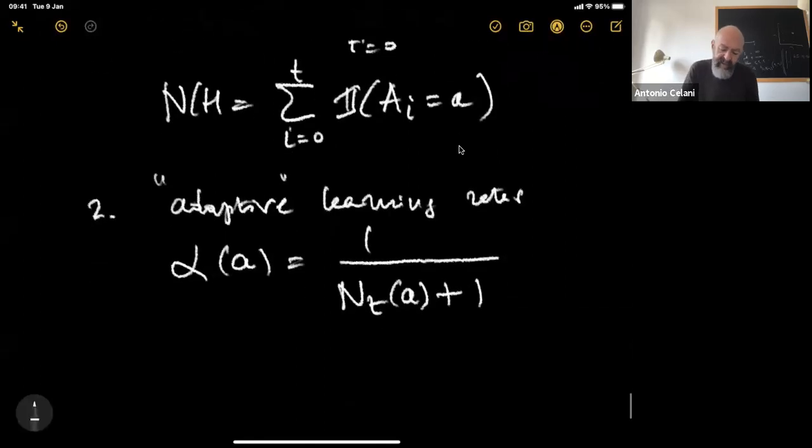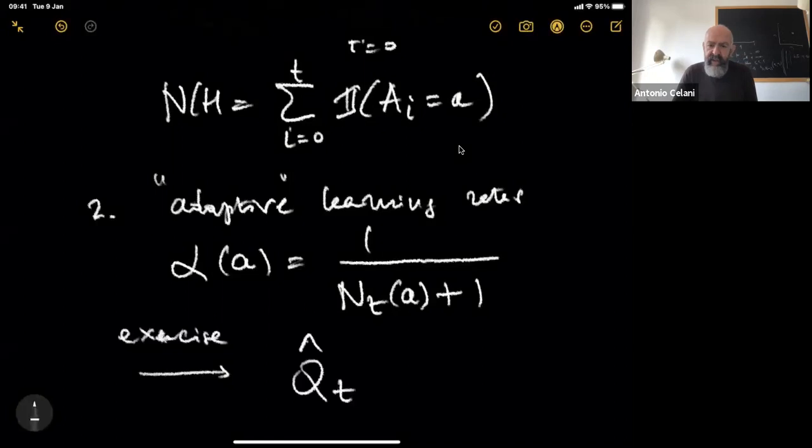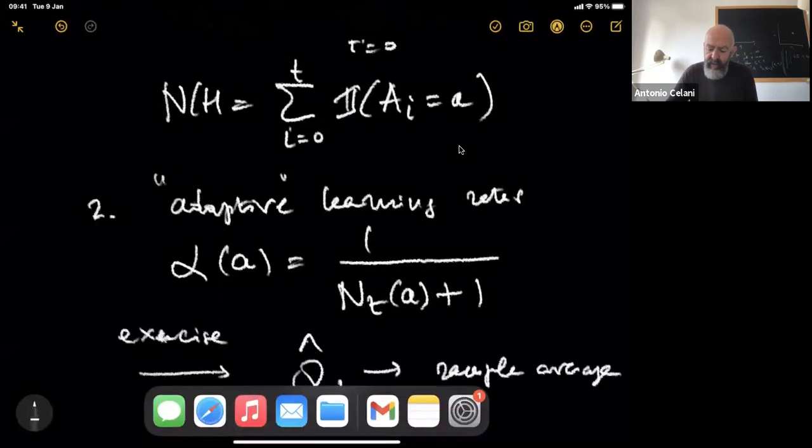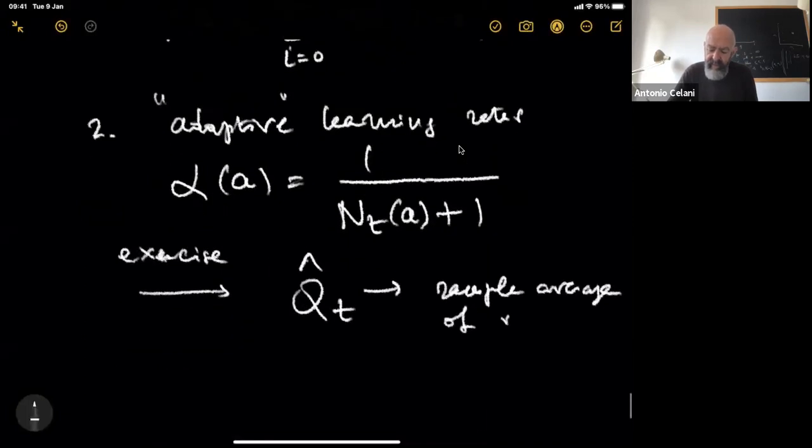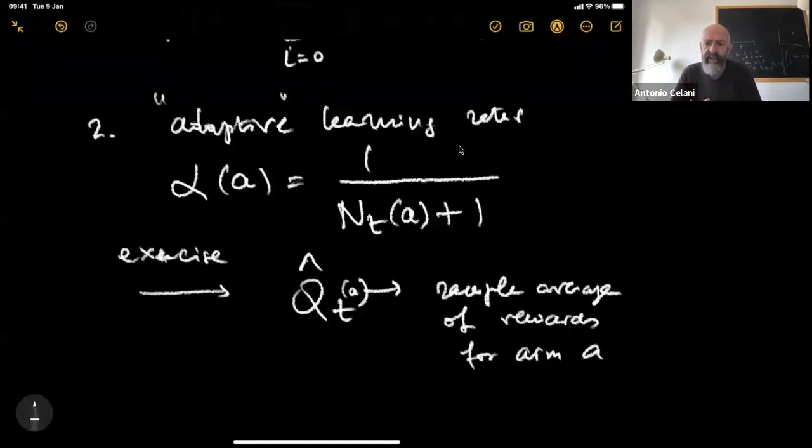If you do that, you can do the simple exercise and you will see that your estimate Q_t of a is the sample average of rewards for arm a. So there is a parallelism here: if you do things carefully, you can map these things into sample averages as well.